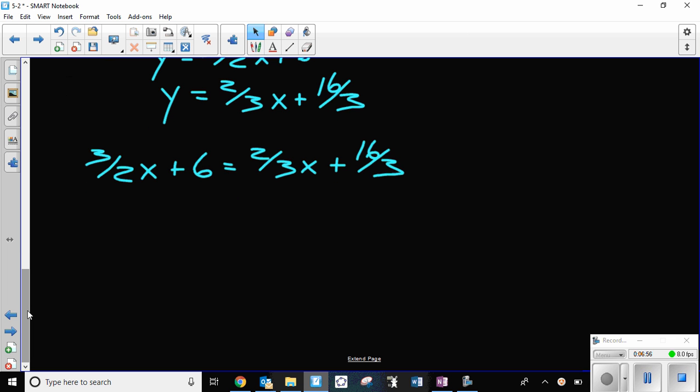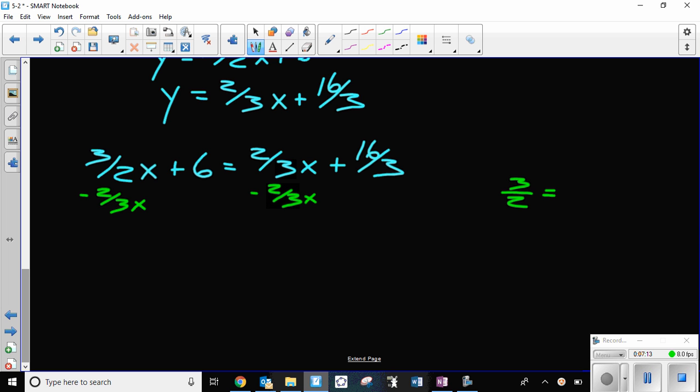I'm going to first suggest let's subtract 2/3 x on both sides. And I'm going to need to switch both of these. Okay? So we're going to change 3/2 and we're going to change 2/3 out of this. And I want to get them to have a common denominator.